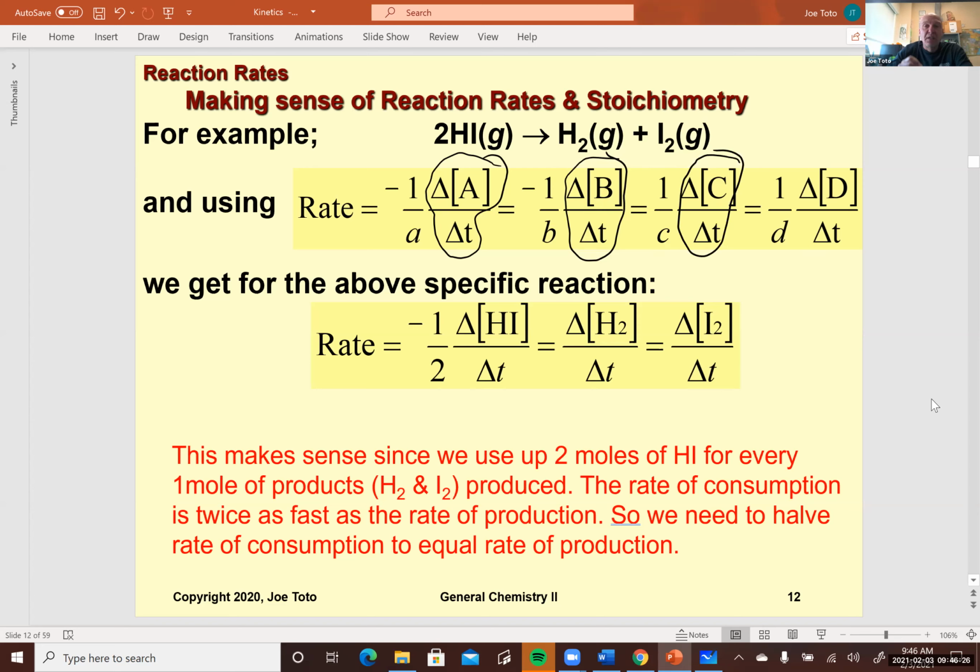That could be, I'm sorry, the B in this generalized equation, that refers to another reactant.